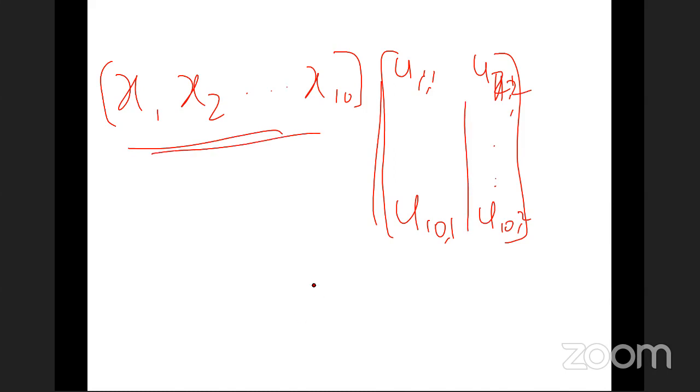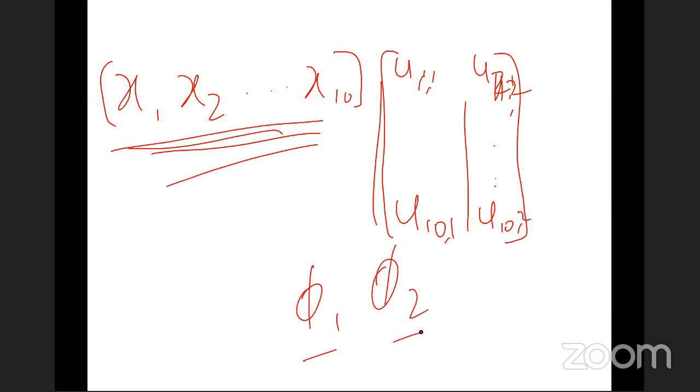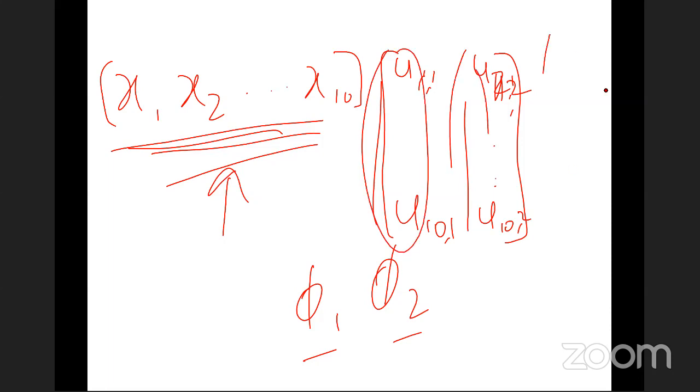I'll get two new numbers, phi1 and phi2. So from 10 numbers, I have reduced to two numbers. So now my classifiers have to use only two numbers. These are the projections of the original data onto only two directions, and I am not using the rest of the eight directions.